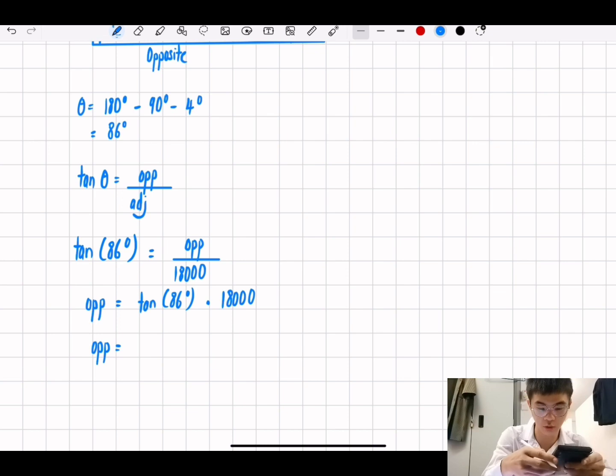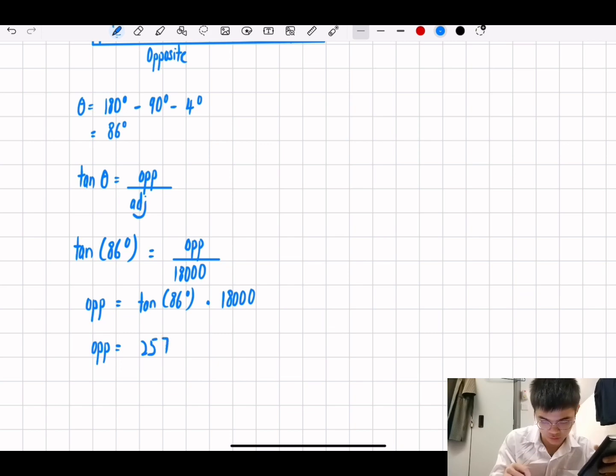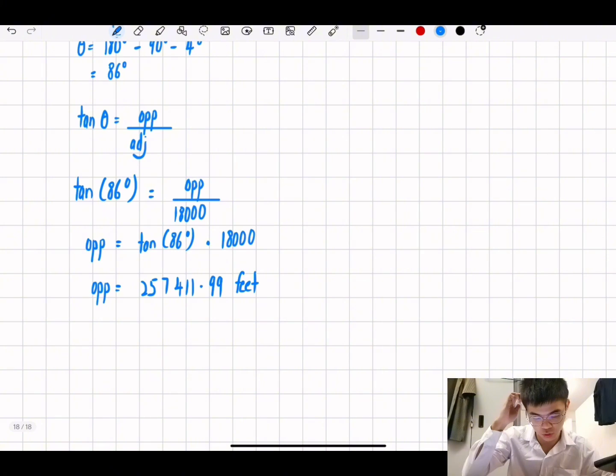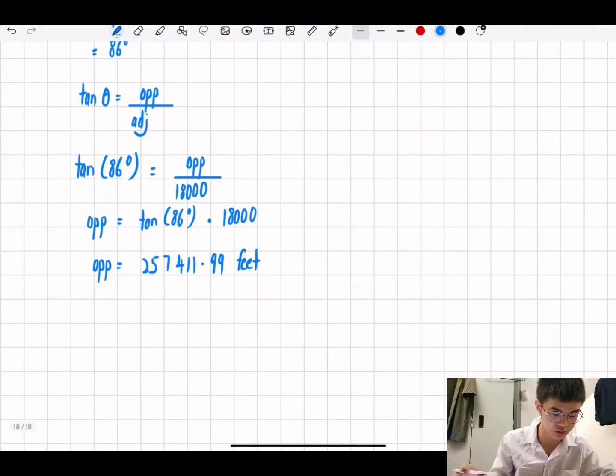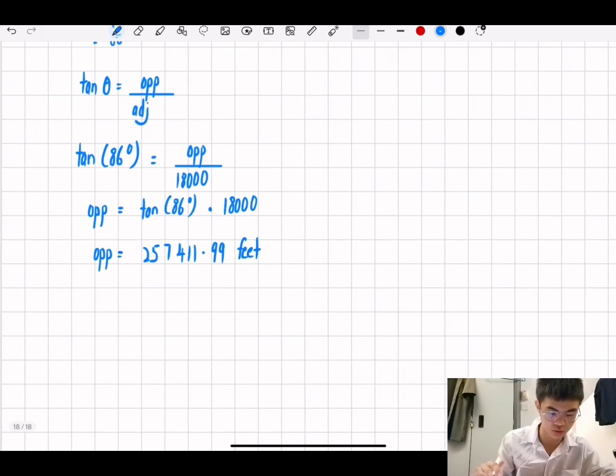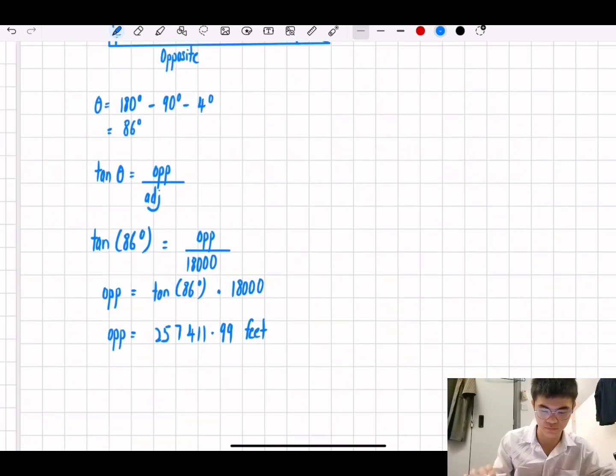So we press the calculator and we get 257,411.99 feet. So we get the answer.